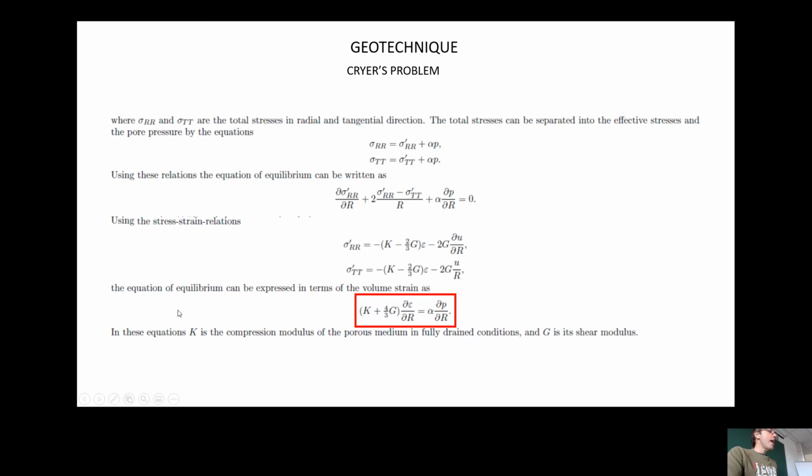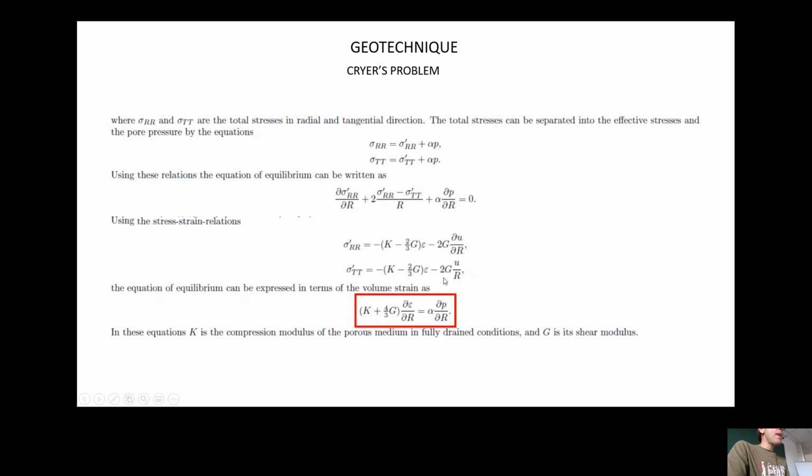In this equation, K is the compression modulus of the porous medium in fully drained condition, and G is the shear modulus. So this is definitely the equation of equilibrium expressed again in terms of volume strain. You can see here that we have the epsilon.